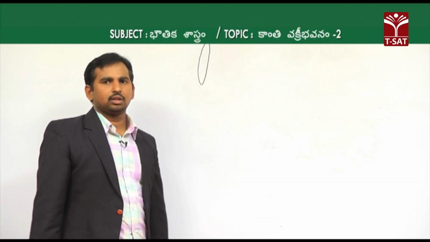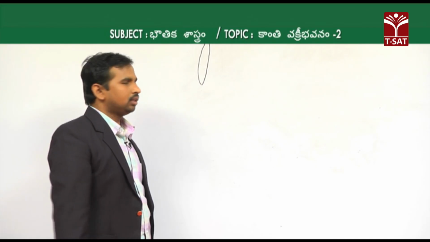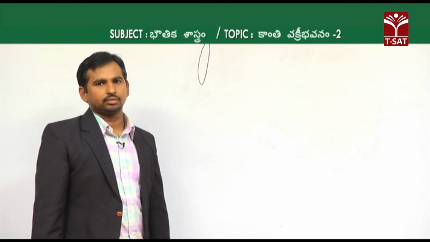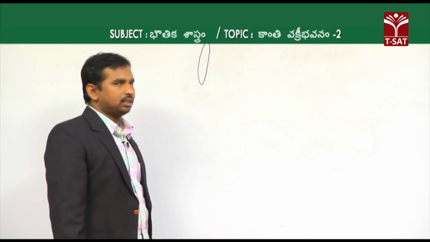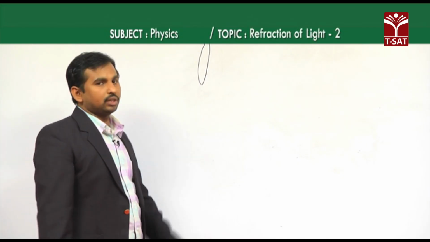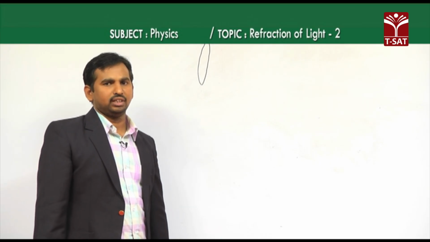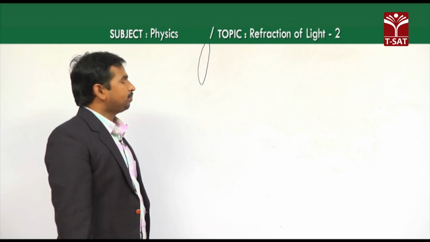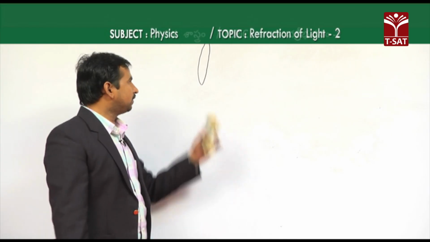Now we will see some important definitions for these lenses. You can take a convex lens or a concave lens, either one. The first important one, just like in the case of spherical mirrors, is the midpoint of the lens.